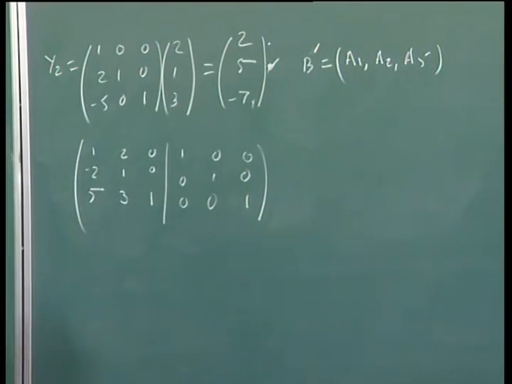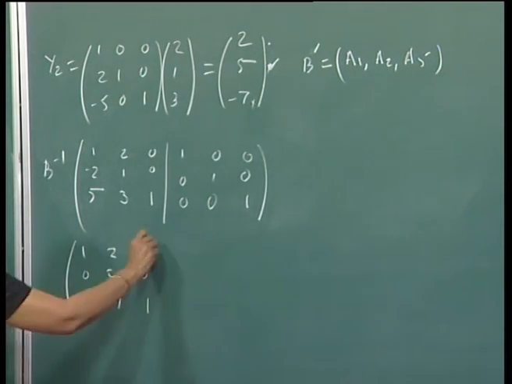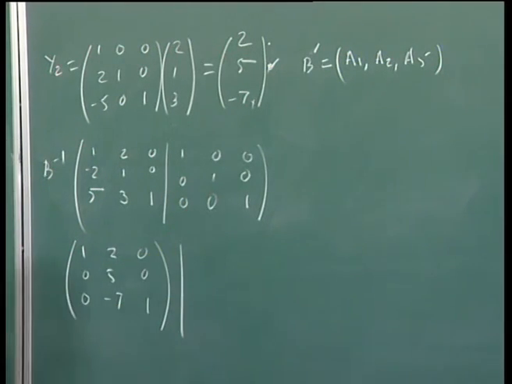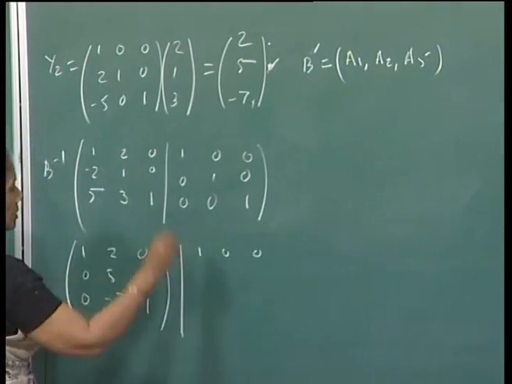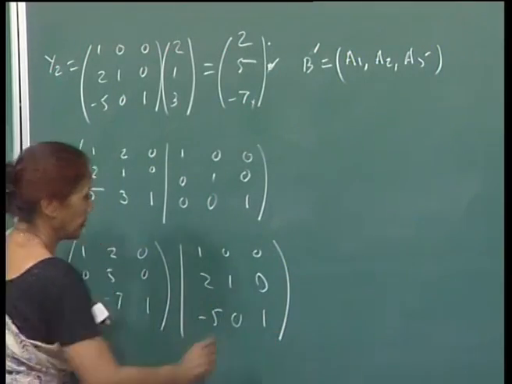If I multiply this by B inverse, then this will reduce to the identity matrix already. So, this will be (1, 0, 0), and B inverse A2 I already know is (2, 5, -7), and this is (0, 0, 1). And on this side it will be B inverse, which is [[1, 0, 0], [2, 1, 0], [-5, 0, 1]].